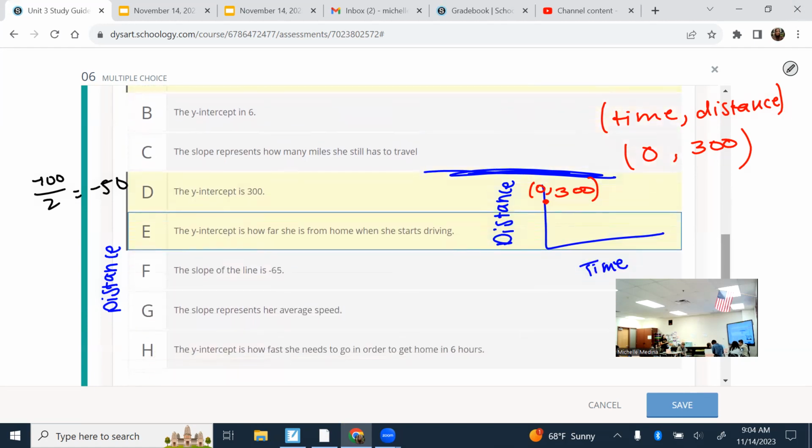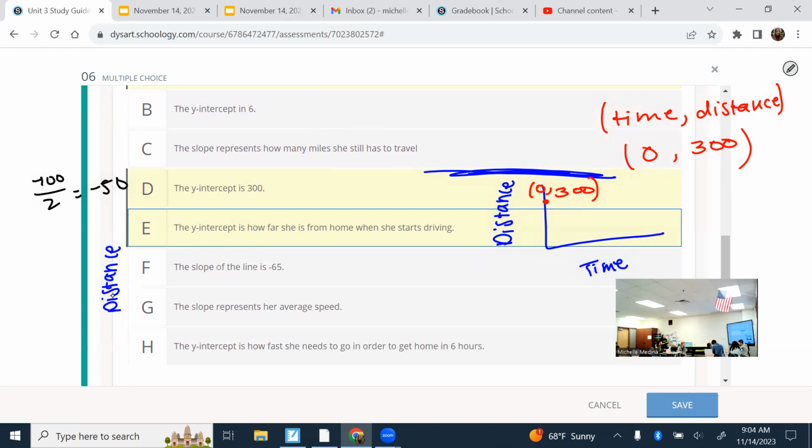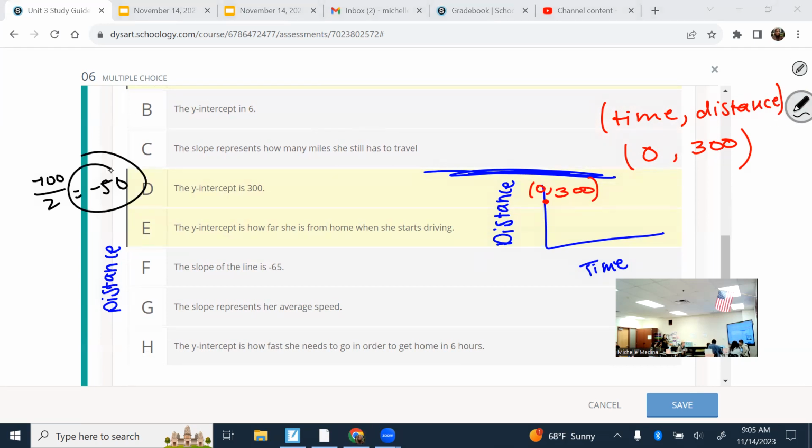See the other options. We know the slope is not -65, so don't pick that one. Does the slope represent her average speed? So remember, slope was -50. Is this her speed, -50?